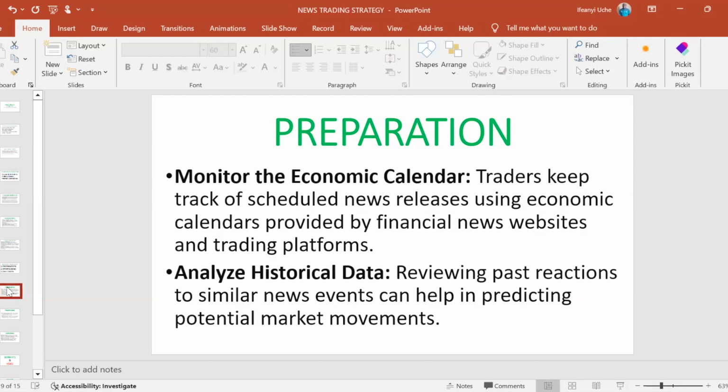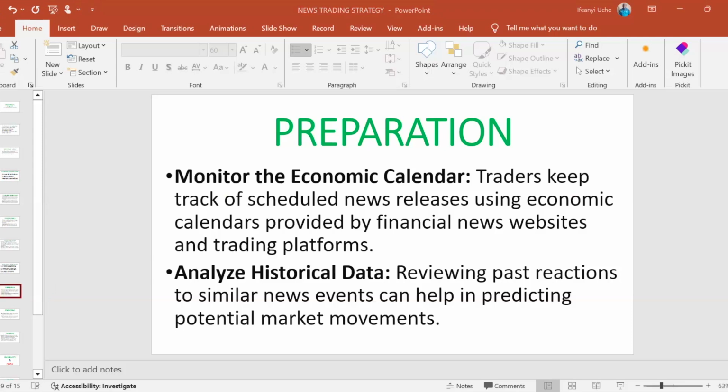You want to keep track of scheduled news releases using economic calendars provided by financial news websites and trading platforms. For example, when you go on the Skilling website, you can search around and find news pieces coming from Skilling. If you log on to the MT4 platform, go to the section on news, you can also find some news pieces.